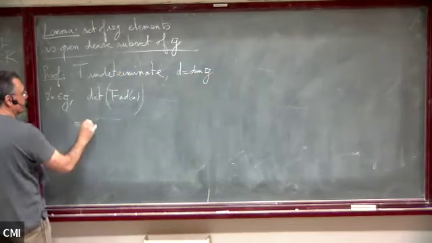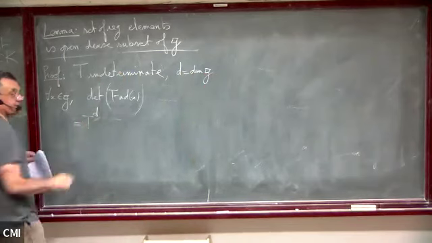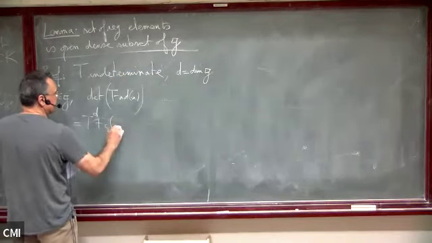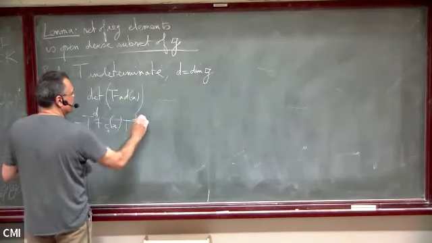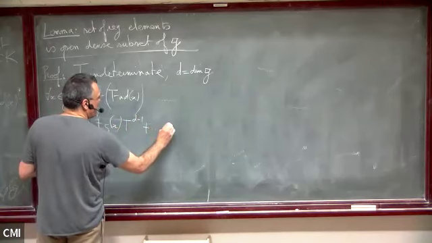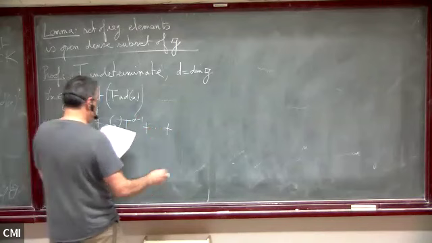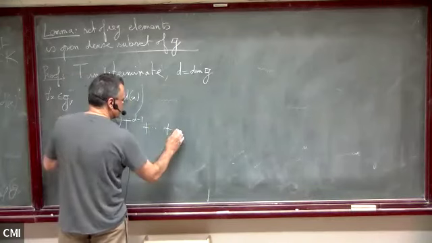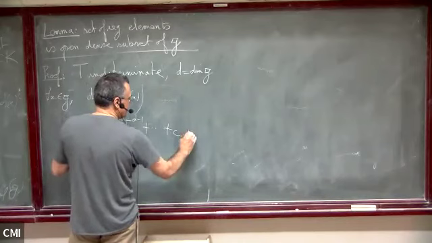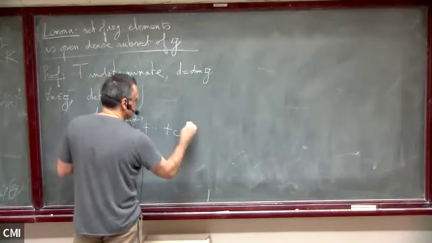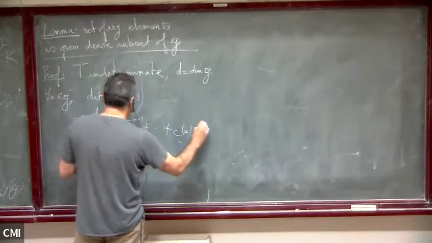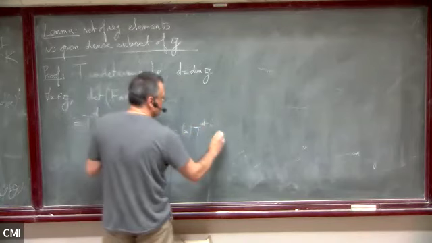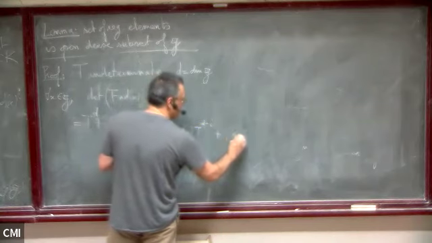So this is a polynomial in T: T to the d plus c1 of x, T to the d minus 1 plus, and so the general term is ci of x times T to the d minus i.